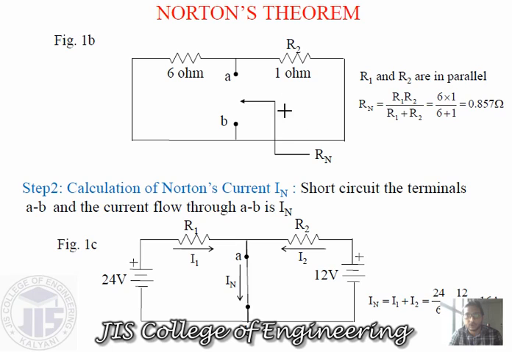So our Norton resistance Rn is R1, the 6 ohm, in parallel with this 1 ohm resistance, and by doing the calculation we get the Norton resistance as 0.857 ohms.